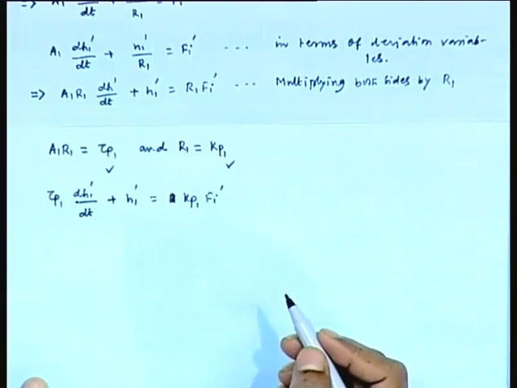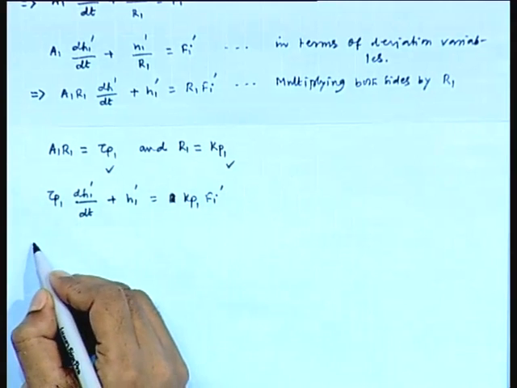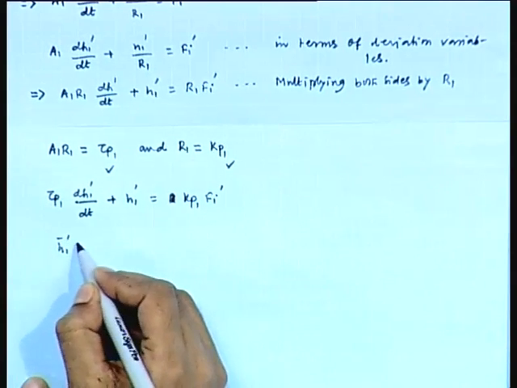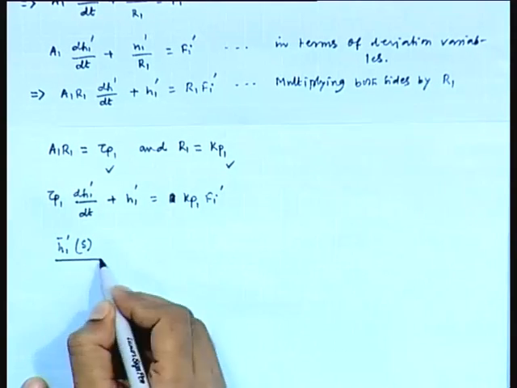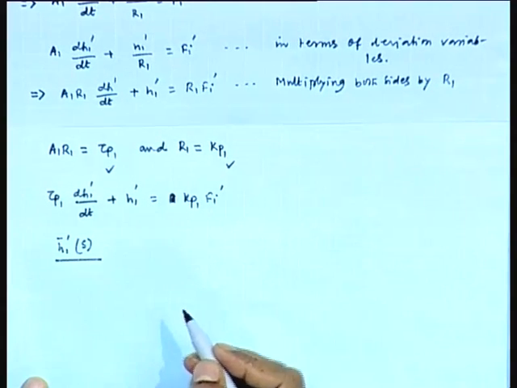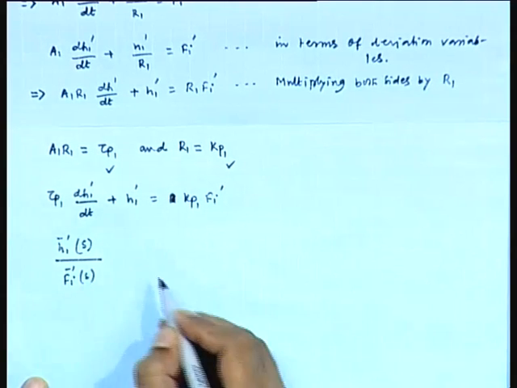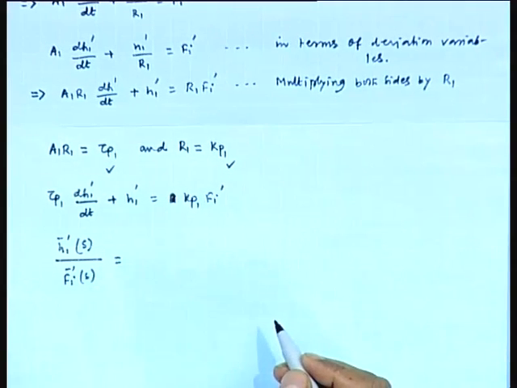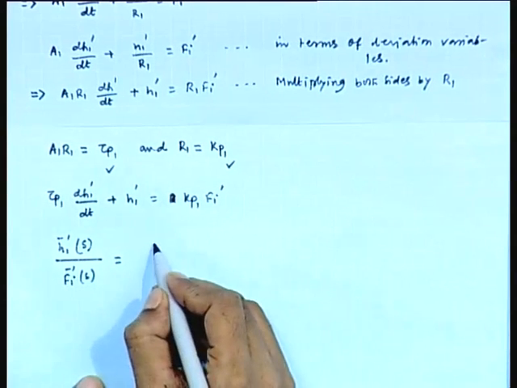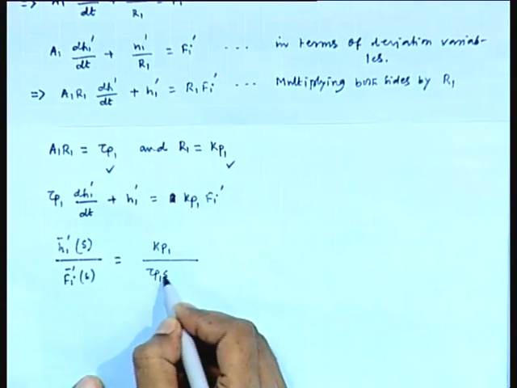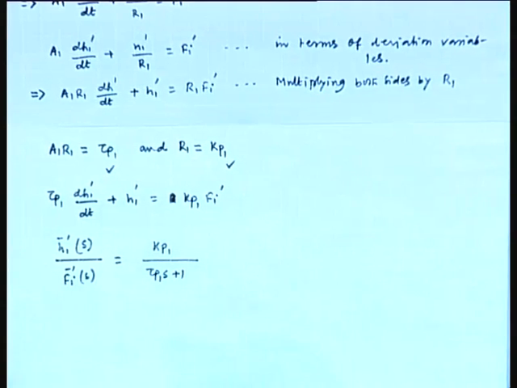Now, if we take the Laplace transform and rearrange, then we get the transfer function of the first tank as H1 bar prime(s) divided by Fi bar prime(s) equals Kp1 divided by tau p1 s plus 1.